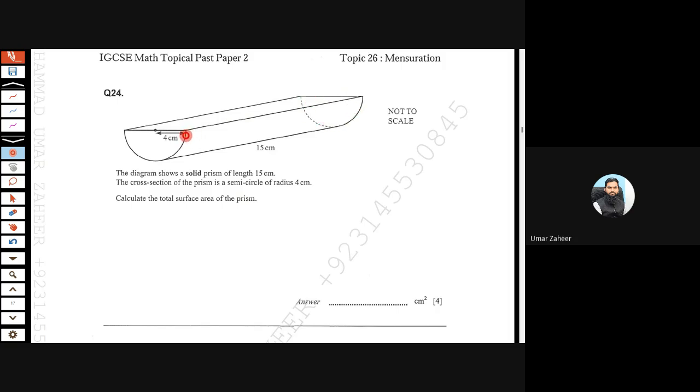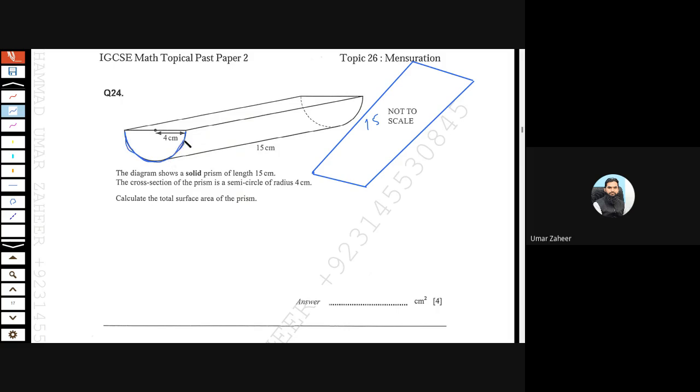And obviously, when you open this curved path, you will get a rectangle as well. The length will be 15 centimeter, but this length is basically this circumference, half of pi r, just pi r.